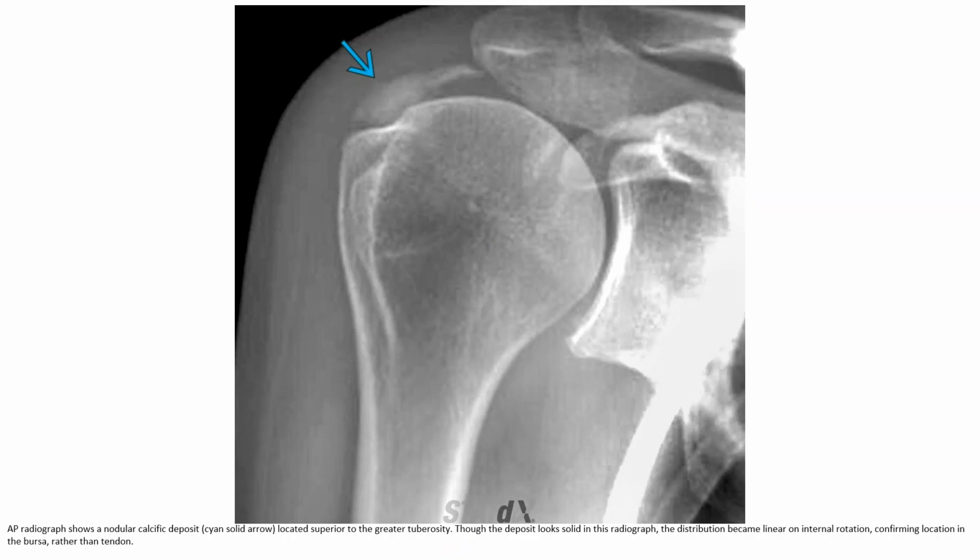AP radiographs show nodular calcium deposits located superior to the greater tuberosity, though the deposit looks solid on this radiograph. The distribution became linear on internal rotation, confirming location in the bursa rather than the tendon.